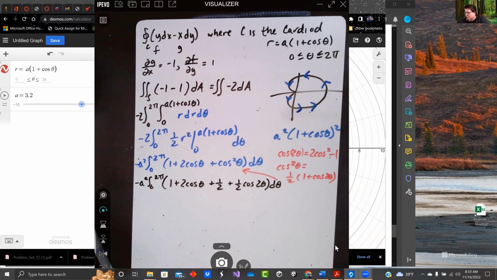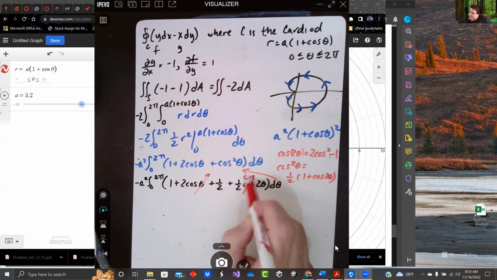So we don't want to do all that work. Which ones go to 0? That goes to 0, and that goes to 0, because 2 theta would be 0 to 4 pi. We're still getting back around to where we started. So both of those go to 0.